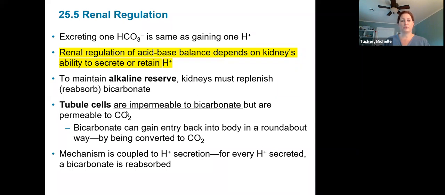But with the tubule cells being impermeable to bicarbonate, there's no transporter for bicarbonate. It has to gain entry back into the body in a roundabout way by being converted to CO2. So the mechanism is coupled to hydrogen secretion. For every hydrogen secreted, a bicarbonate is reabsorbed.